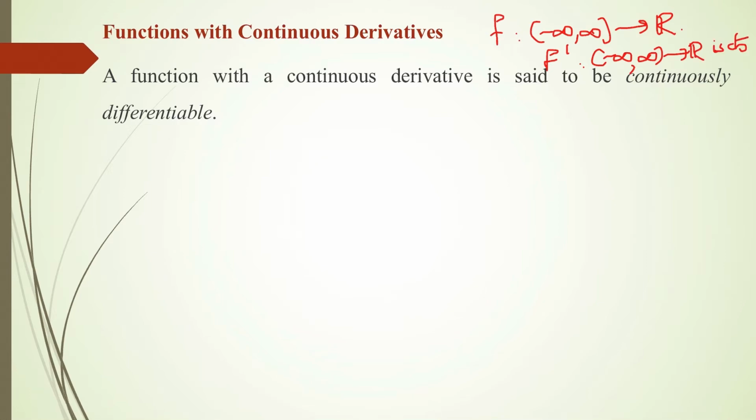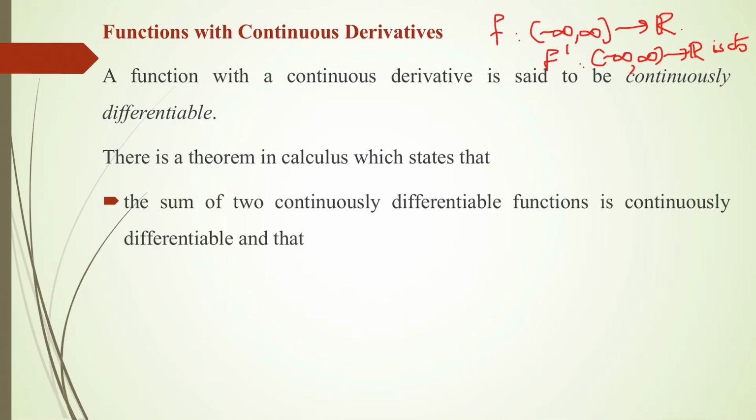The first derivative of f prime is continuous on the entire real line, the open interval (-∞, ∞). Then we say that f is a function with continuous derivative. Such functions are said to be continuously differentiable.